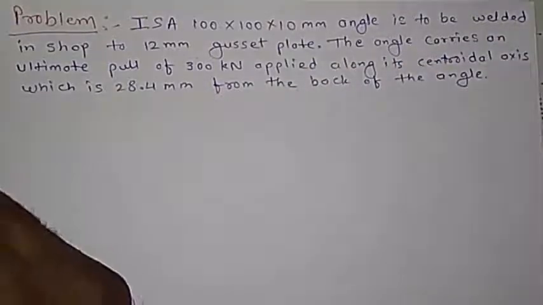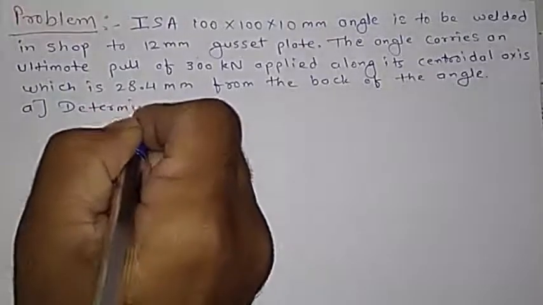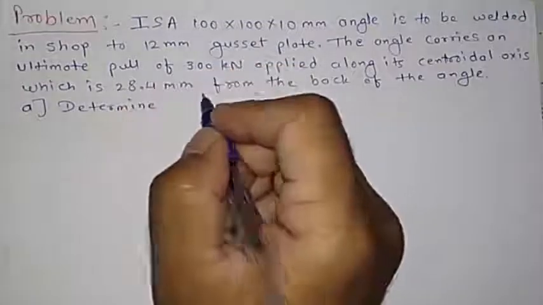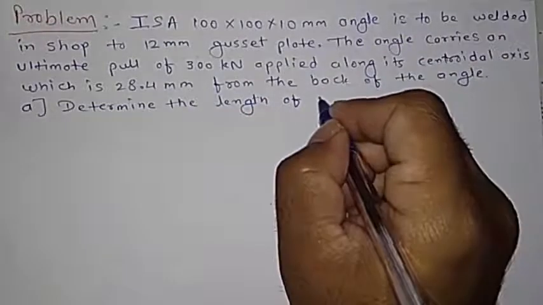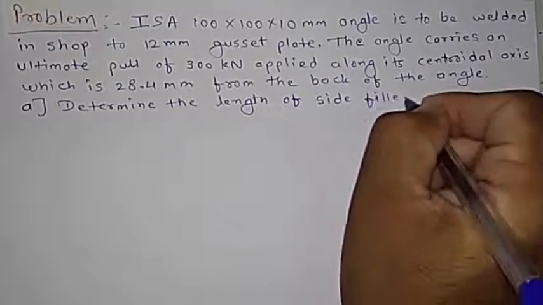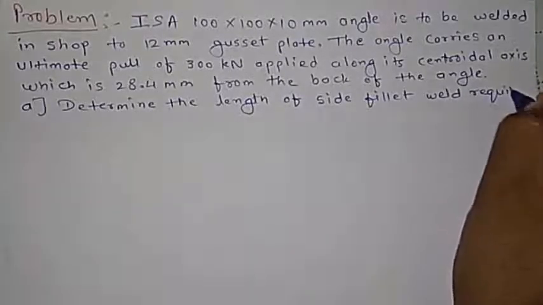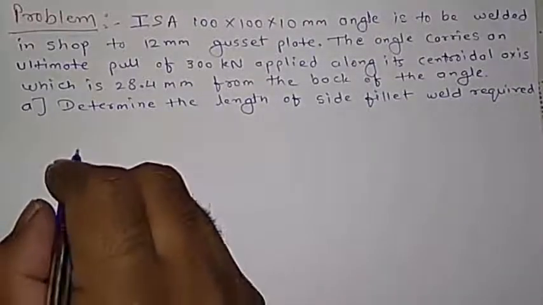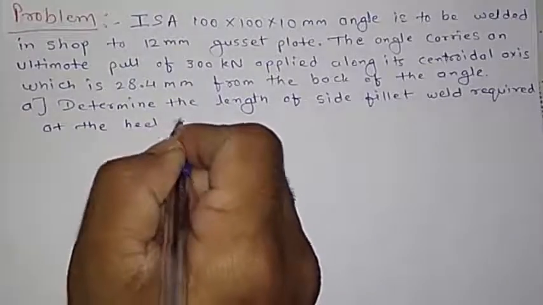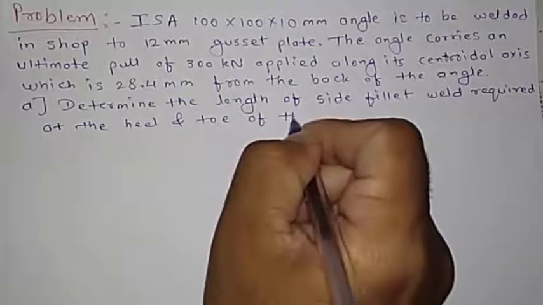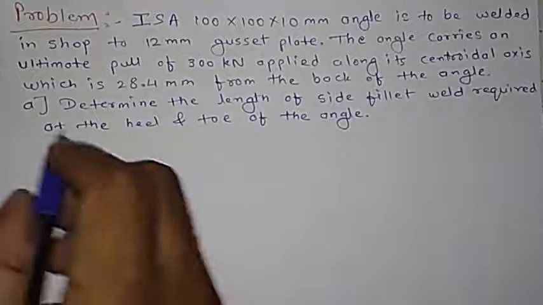Now there are two parts. The first part is to determine the length of the side fillet weld required at the heel and toe of the angle, and then there is another part.